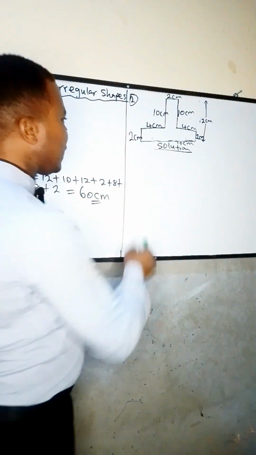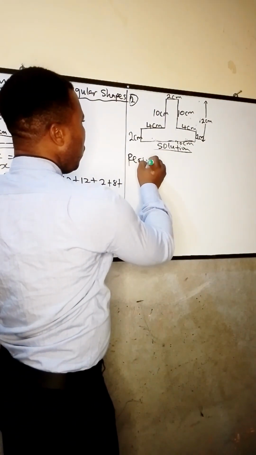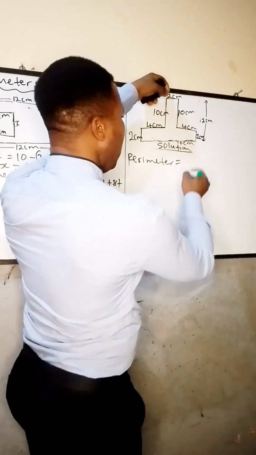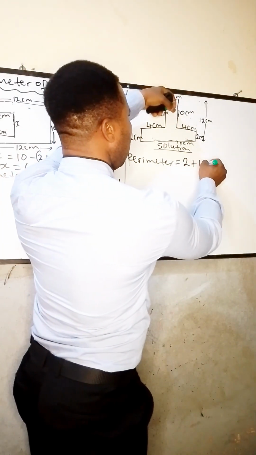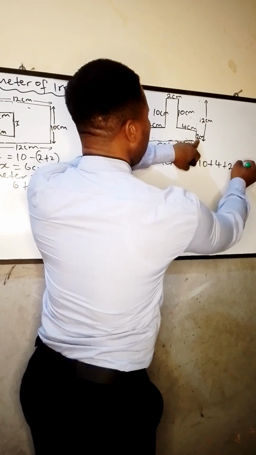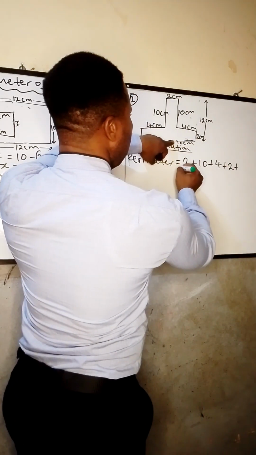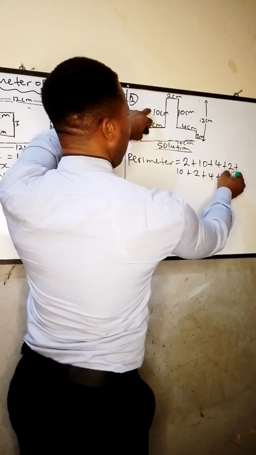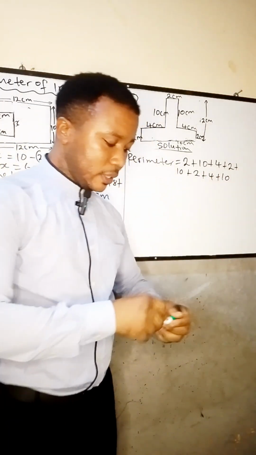In that case, our perimeter here will now be, you can start from here, 2 plus 10 plus 4 plus 2 plus 10 plus 2 plus 4 plus 10. Let's add up and see what we get.